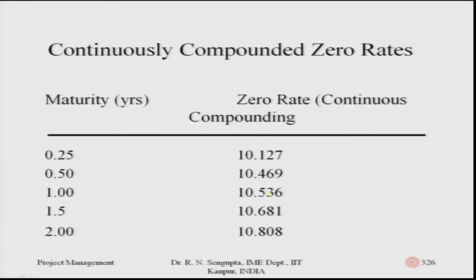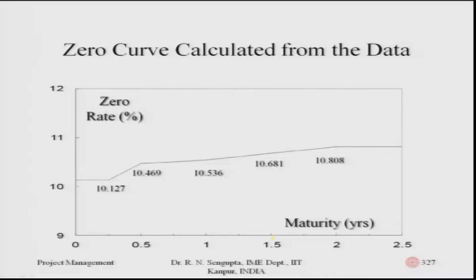So, we have got the zero rate with continuous compounding. If you want to find the compounding or the simple interest for those time periods, you can do that using the simple formula we have shown, for converting any compounding interest rate to the continuous compounding interest rate and vice versa.